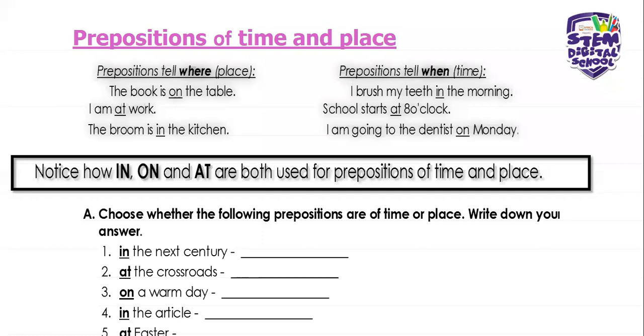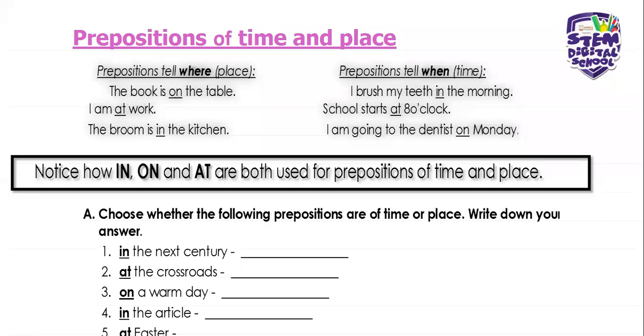I brushed my teeth in the morning. School starts at 8 o'clock, and I am going to the dentist on Monday. Those are the 2 different prepositions. The first one is for time. The second one is for place. Notice how in, on, and at are used for both prepositions of time and place.